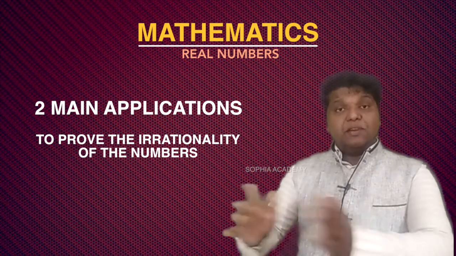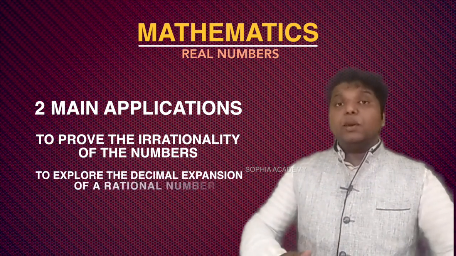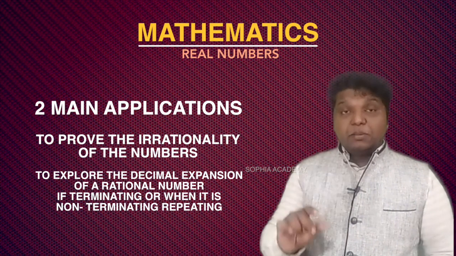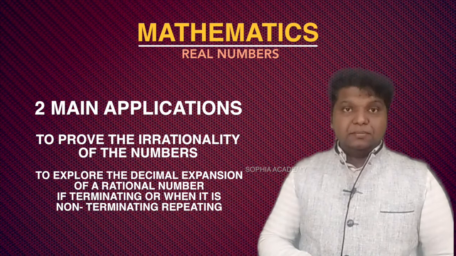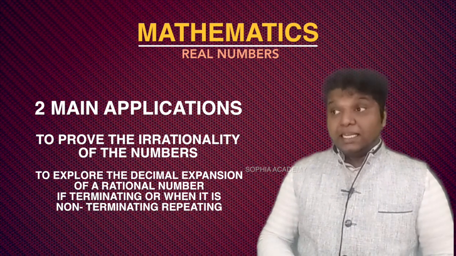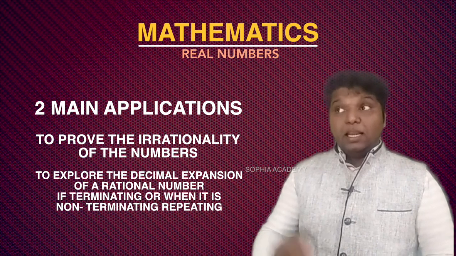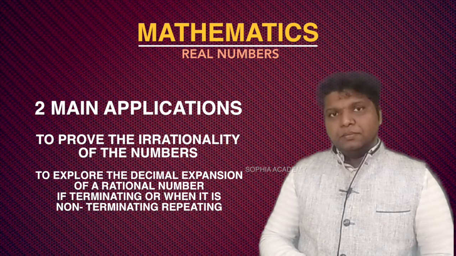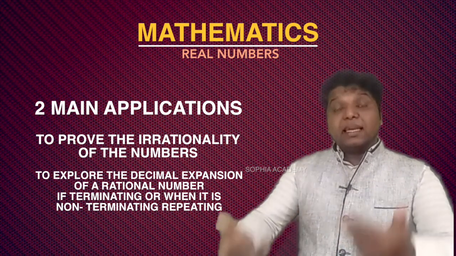See, if a fraction is given to you, you know that any fraction can be converted into decimals. While you are converting a fraction into decimal, what happens? The decimal can be terminating. We studied it in 9th class in the very first chapter, right? Or case number 2, it can be non-terminating. In non-terminating, again there are 2 more cases.